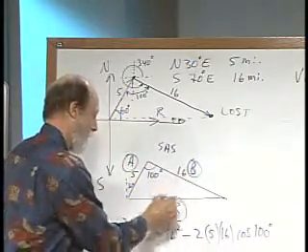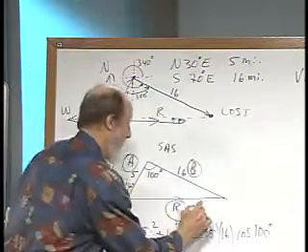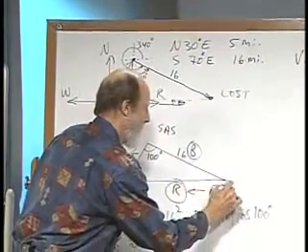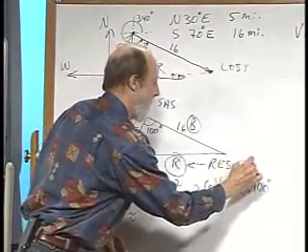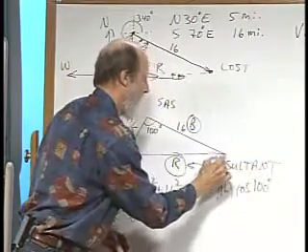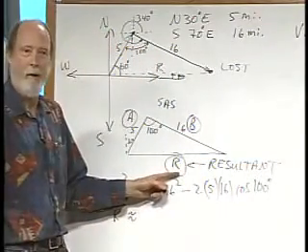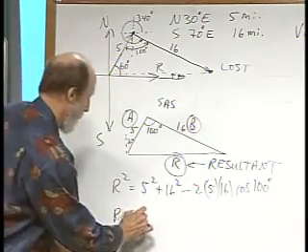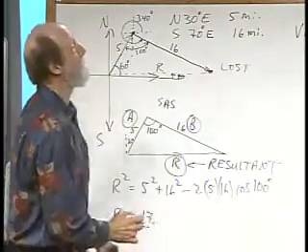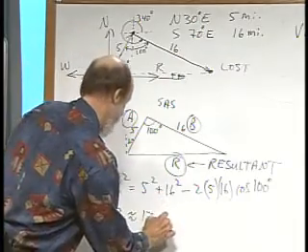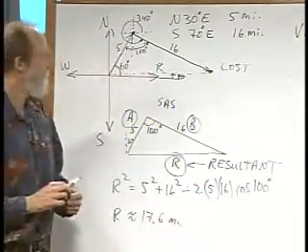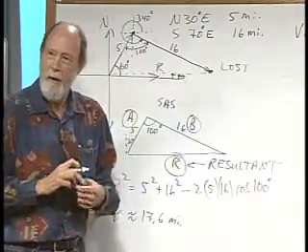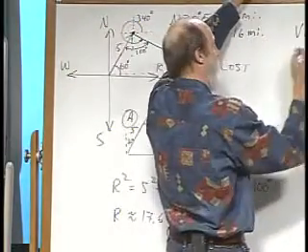And this is the resultant, it's oftentimes called the resultant. And we don't call it a radius anymore. And these are the magnitudes, which we just came up with, which I think we said was around 17.6 miles, okay?